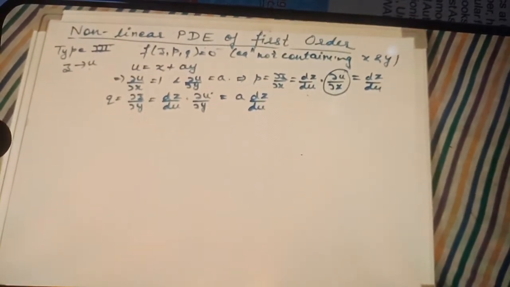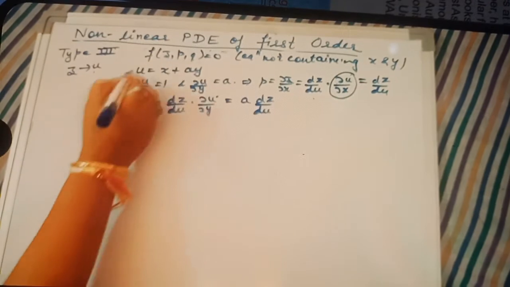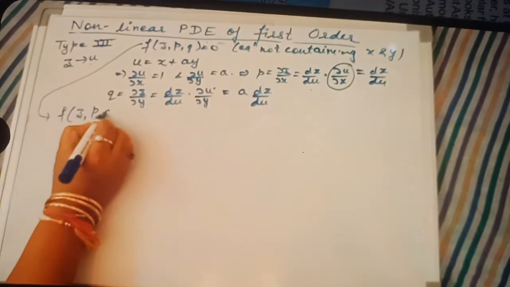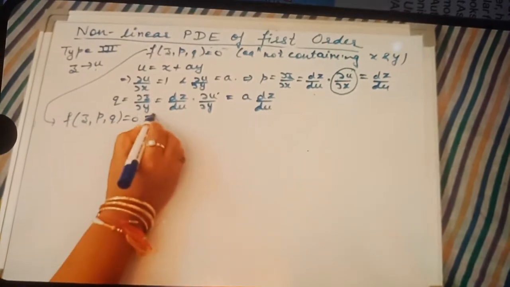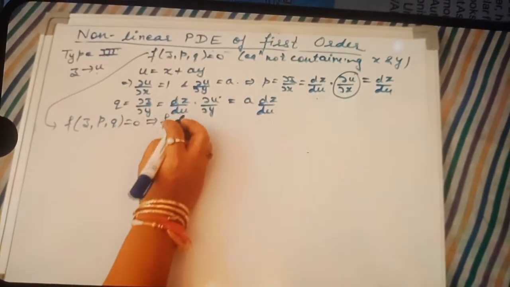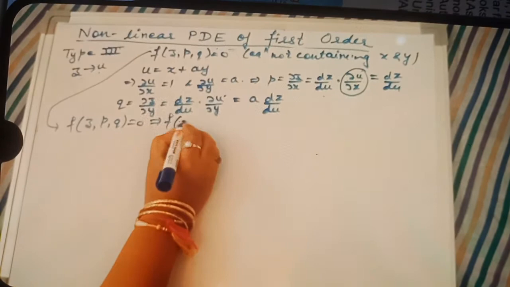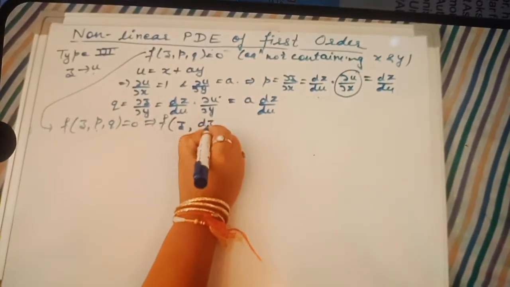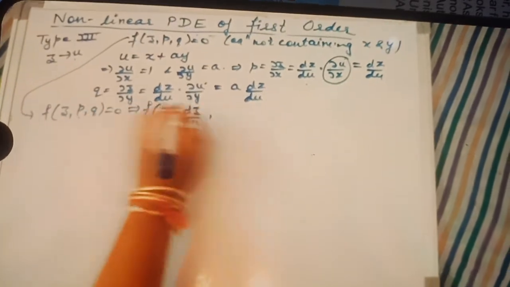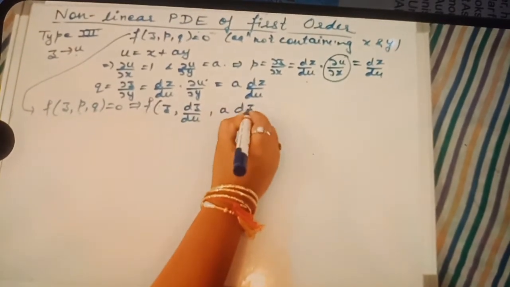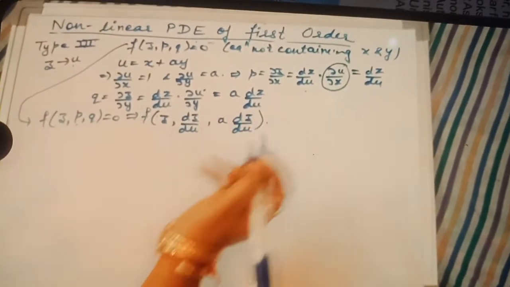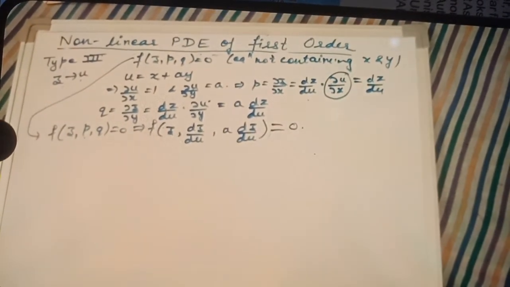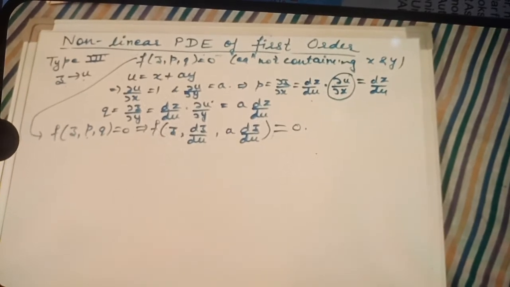So your function f of z, p, q equal to 0 can be represented as f of z, dz over du, a dz over du equal to 0. This will be your solution. In this form we get the solution.